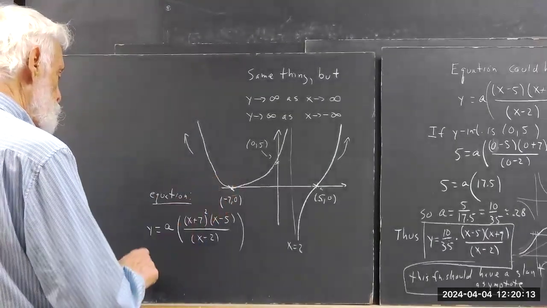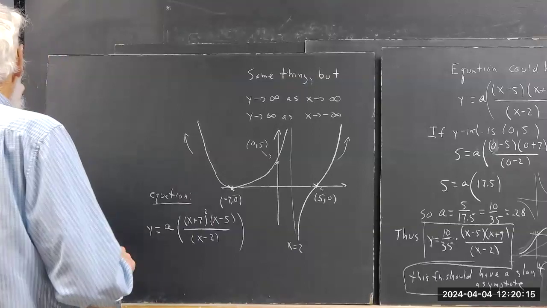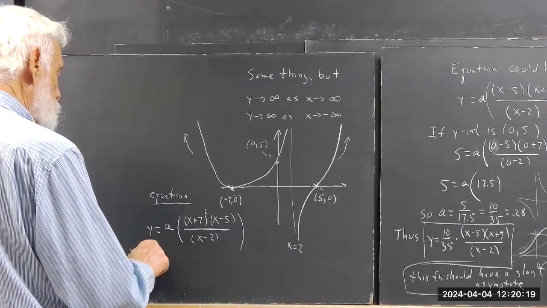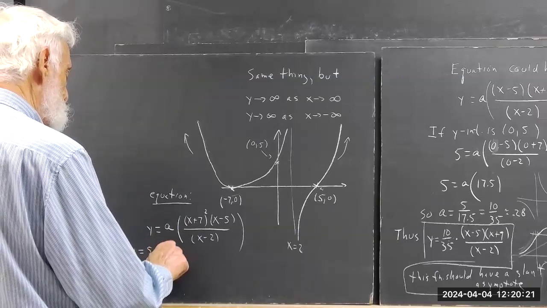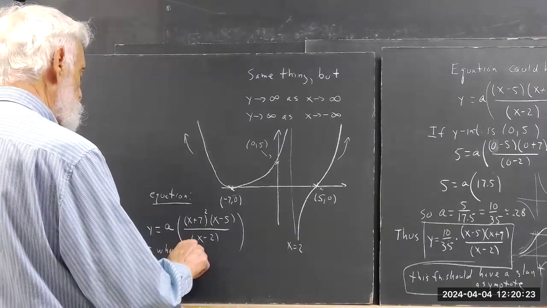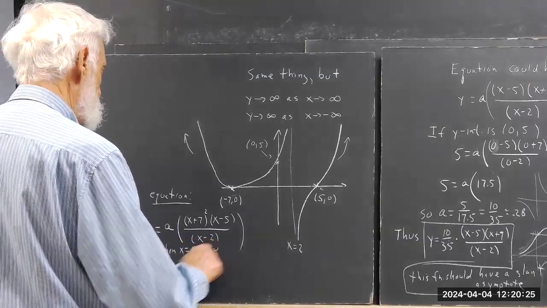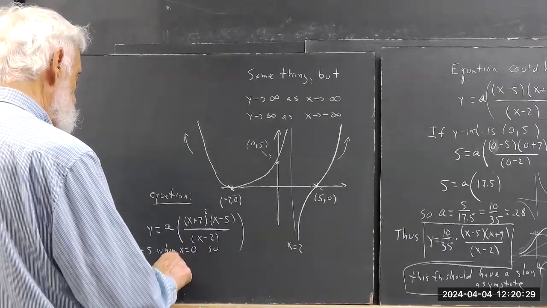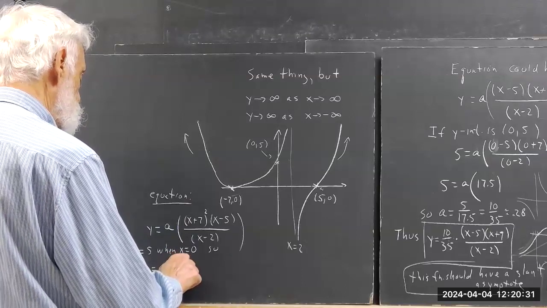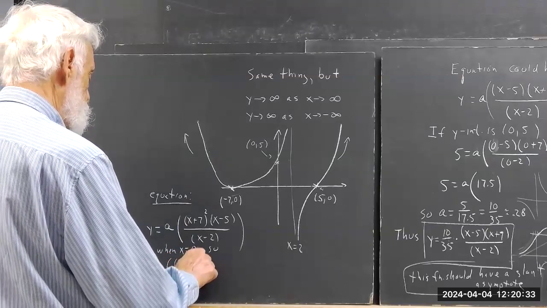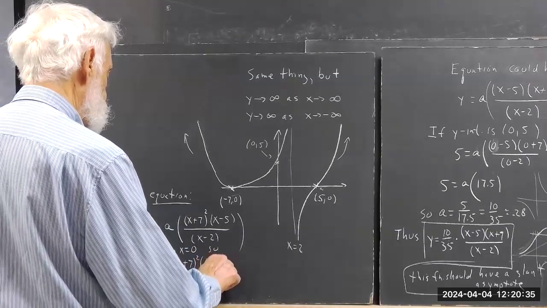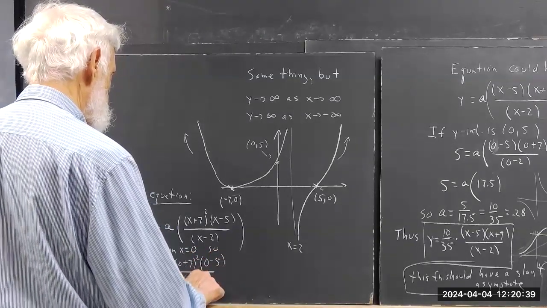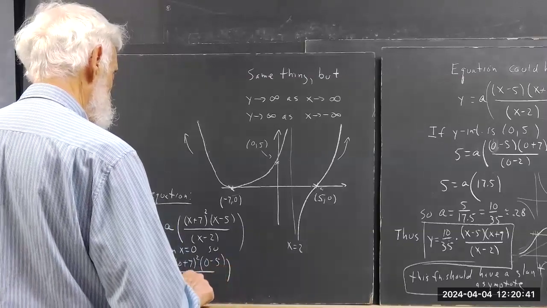The other thing we know then is that y equals 5 over 2 when x equals 0. So 5 over 2 equals a times (0 plus 7) squared times (0 minus 5) over (0 minus 2).